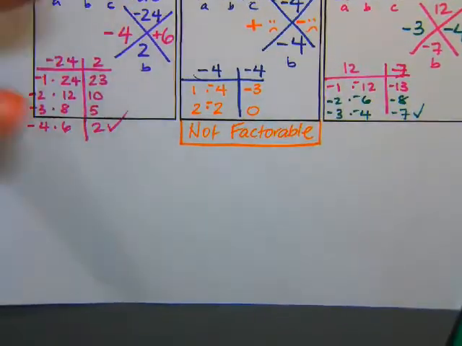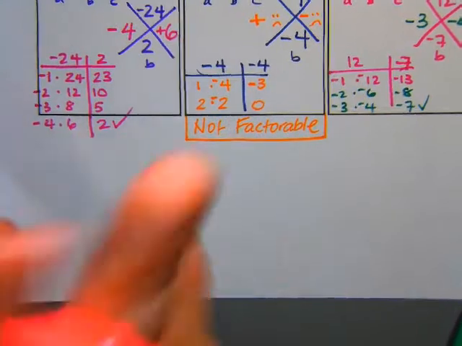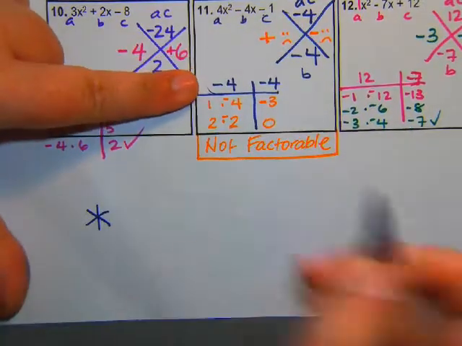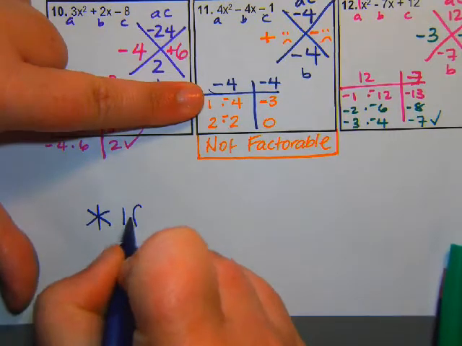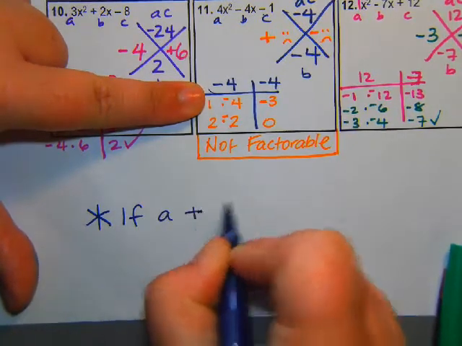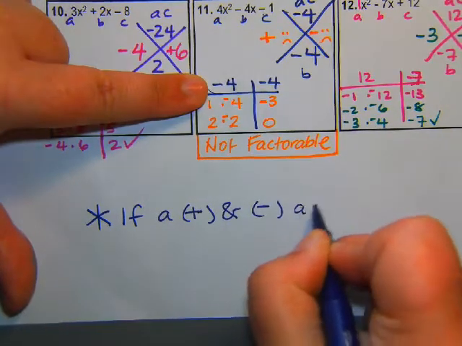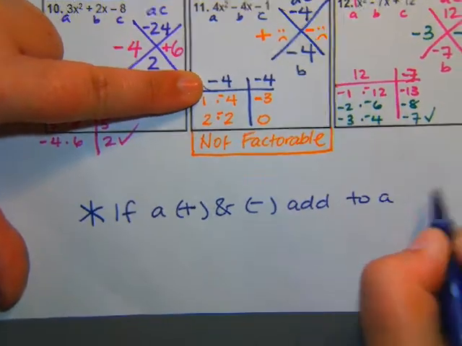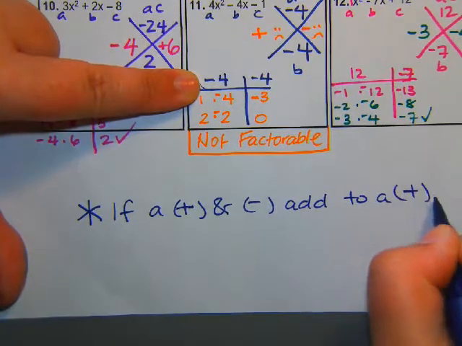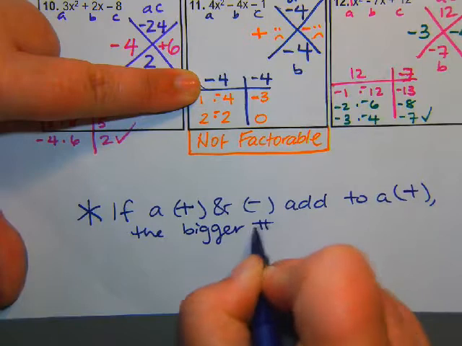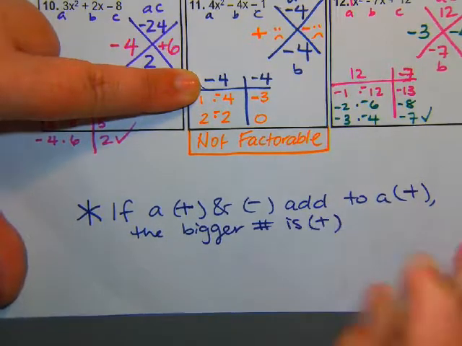Okay, so in addition to using the positive and negative diagrams, maybe you want to write down somewhere that if a positive and negative add to a positive, the bigger number is positive, right?